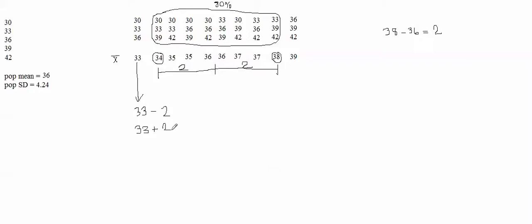We get 31 and 35. So when we take the mean of sample 1 and we create an 80% confidence interval around it, the 80% confidence interval is 31 to 35.